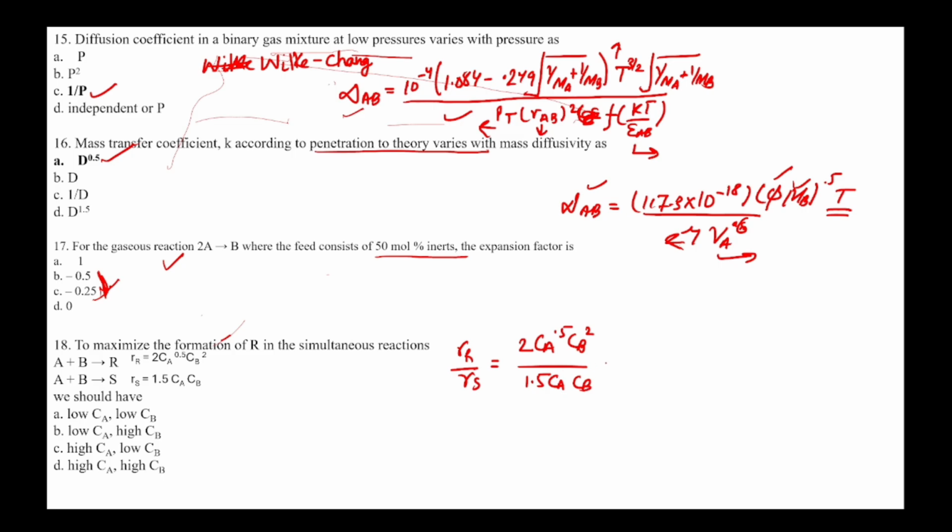So Ca Cb cancels, and it will give Cb upon Ca 0.5, right? So high Cb, low Ca to maximize the concentration of R. High Cb, low Ca. B is the answer. Okay.